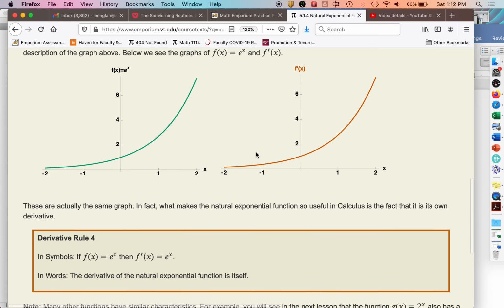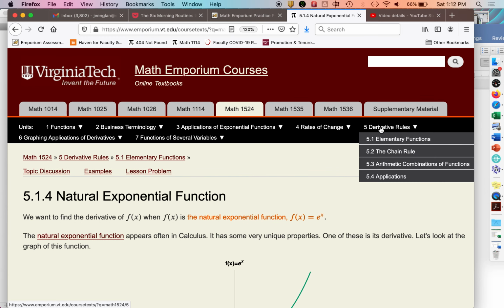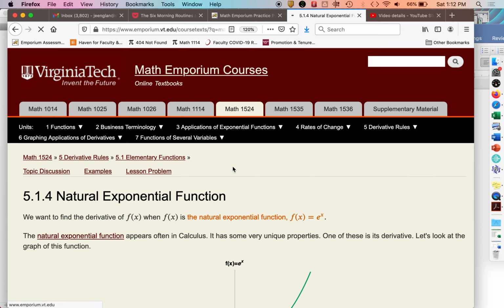Instead, I need to go back to 5.1.3, 5.1.3 was the power function.